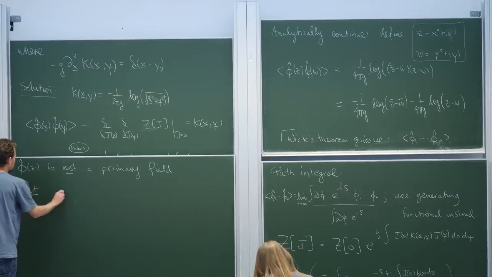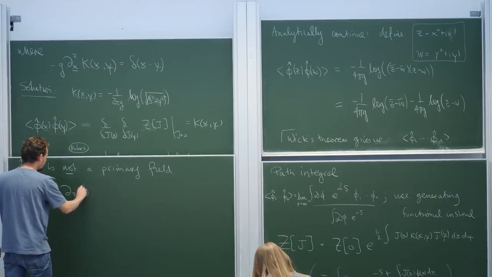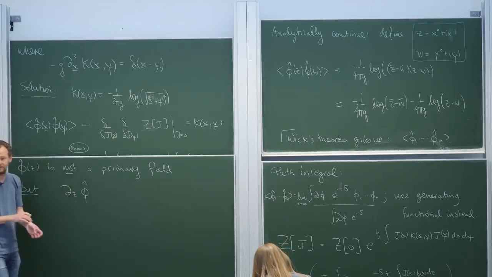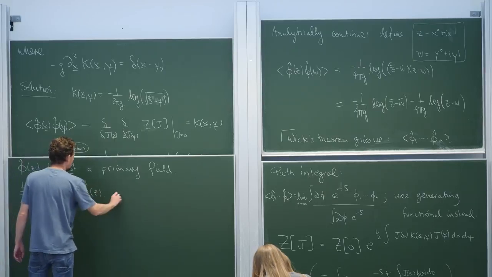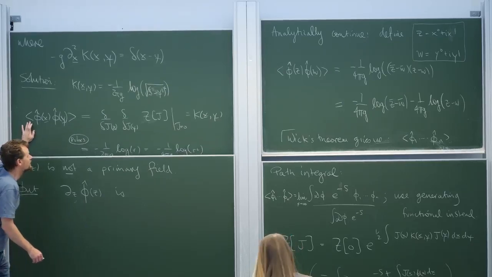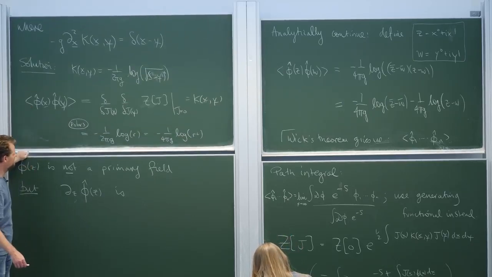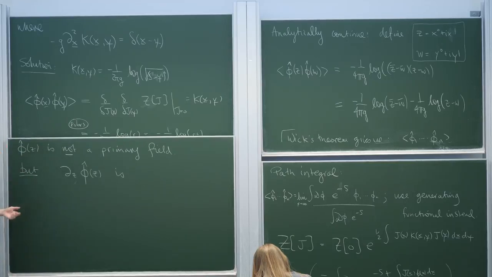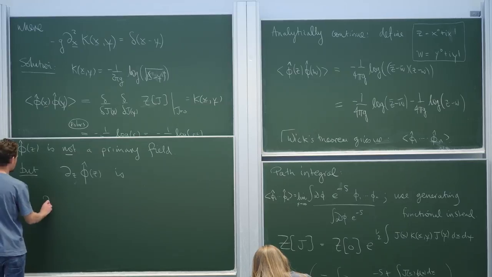And to that end, we can find a candidate for a primary field. We just introduce this observable here. We differentiate the argument of phi with respect to the argument z, and we have a new operator, dz of phi hat of z, and it turns out that actually is a primary field because it behaves in precisely the way a primary field has to behave.